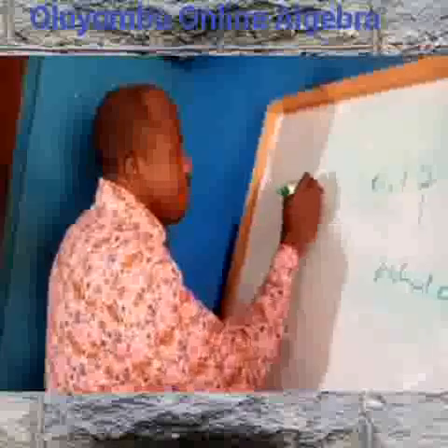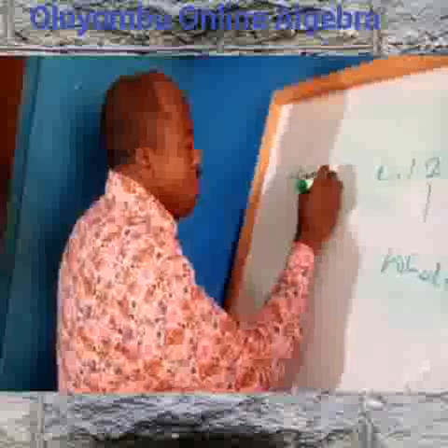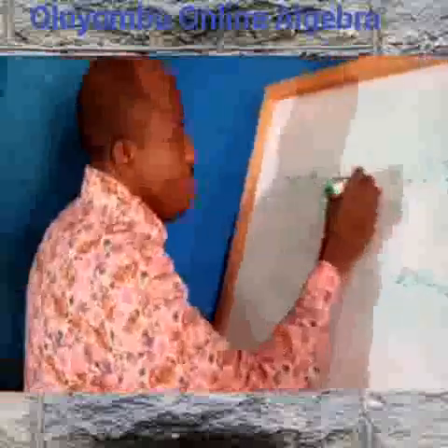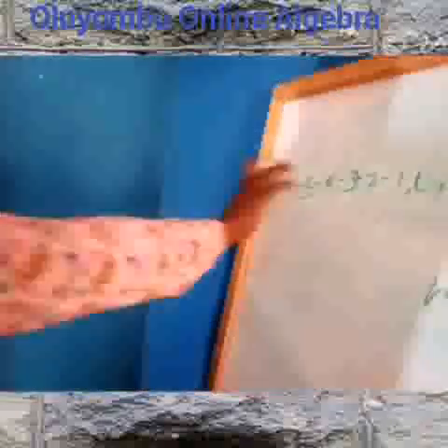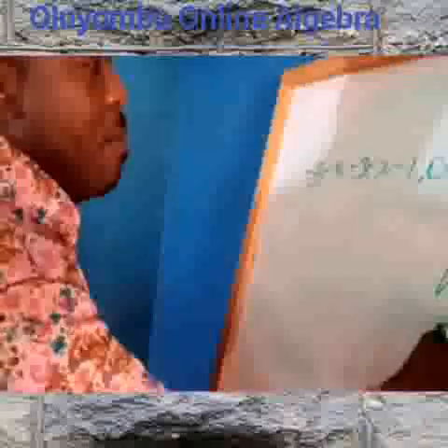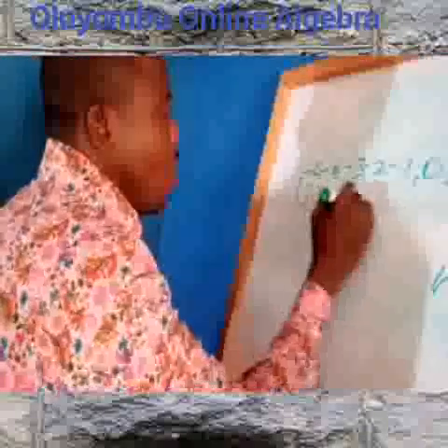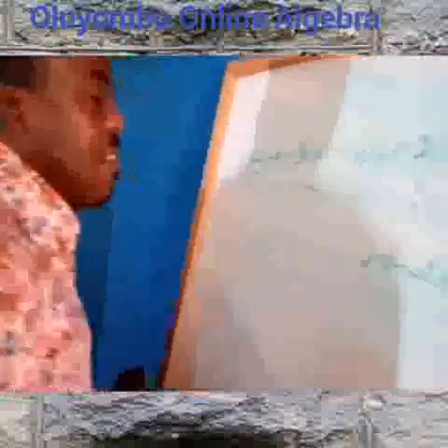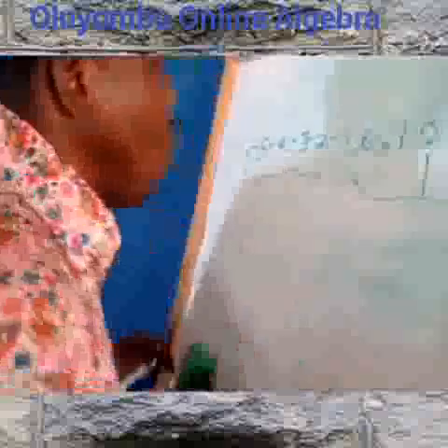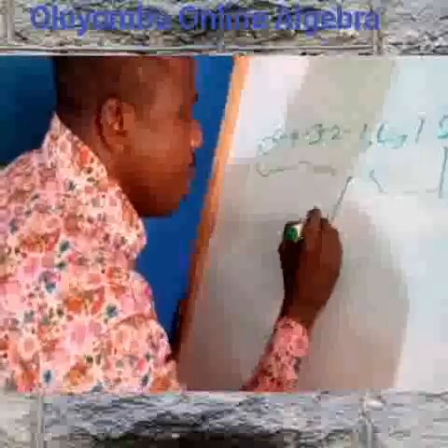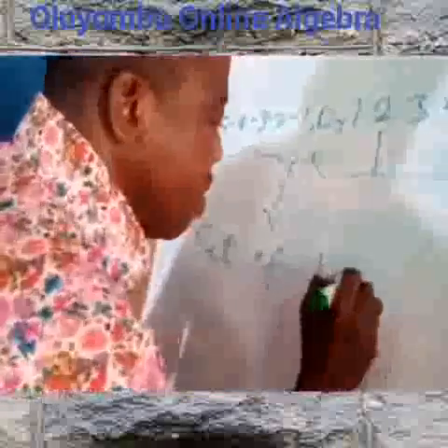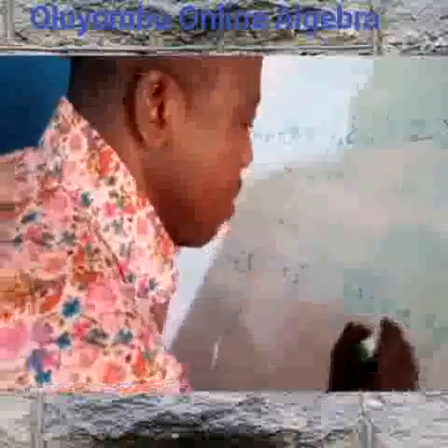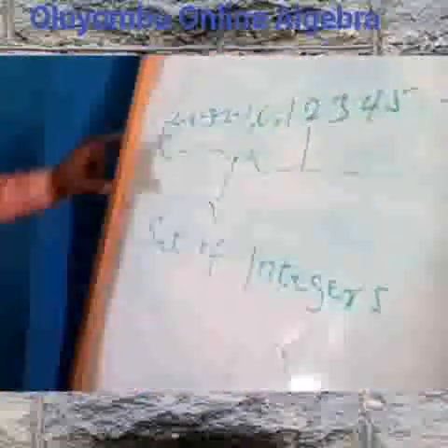And what are negative integers? -5, -4, -3, -2, and -1. These are our negative integers, plus our whole numbers. Now we have what we call the set of integers.